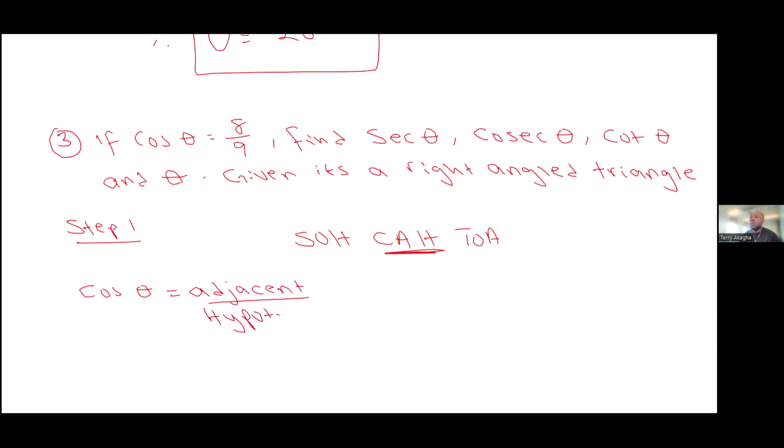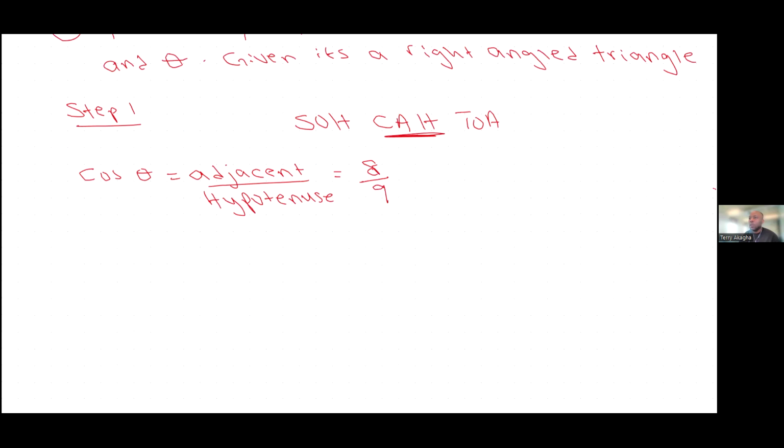And that will give you, so the adjacent is 8 divided by 9. Okay, so from this now, I can easily say that the adjacent in that triangle was equal to 8. The hypotenuse in that triangle was equal to 9.